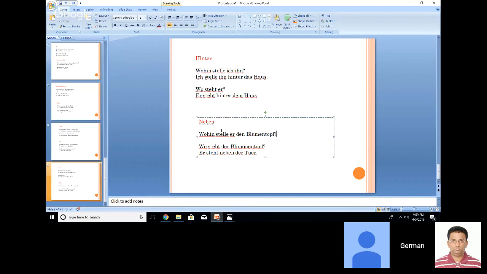What should it be? Conjugation, Arvind. One minute. It should be stellt. Ich stelle, du stellst, er stellt. Wohin stellt er, den Blumentopf? Yes. And why is it den and not der? Because it is the accusative case.